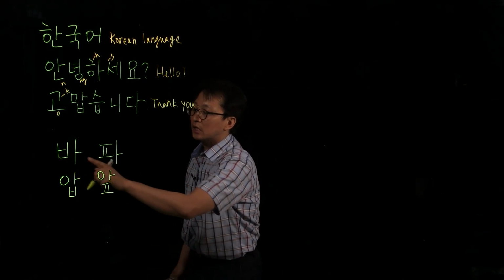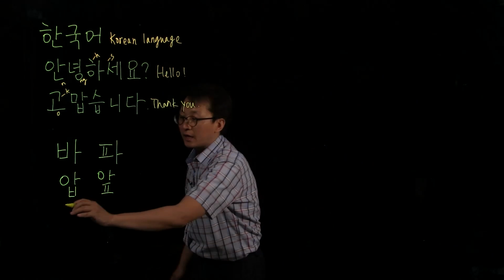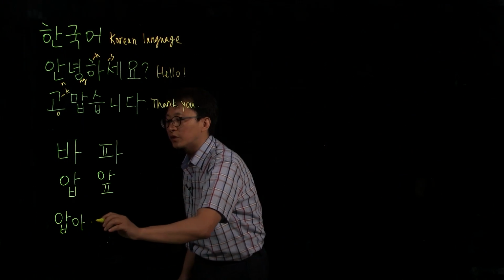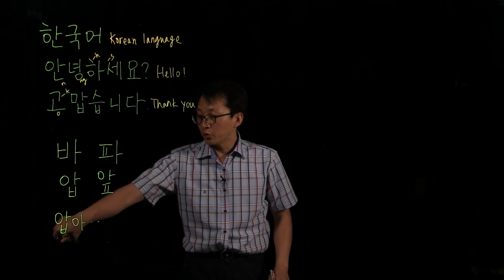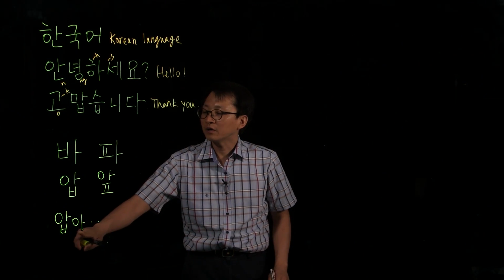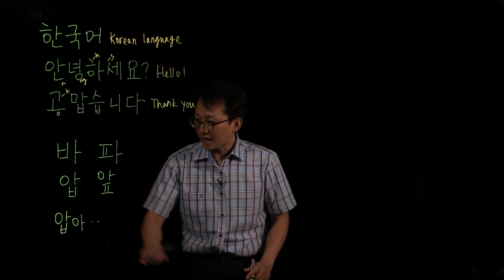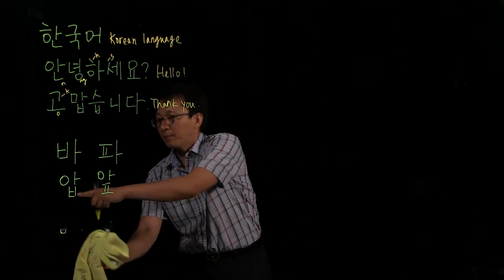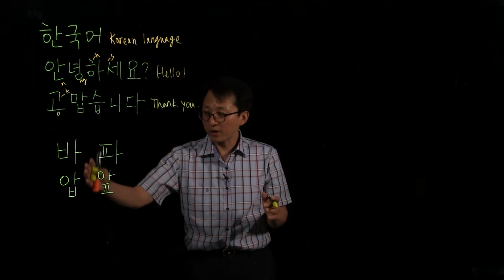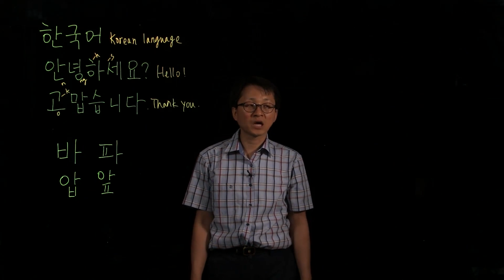When this syllable block is followed by another vowel, then you can pronounce this b sound at the following syllable, so ba, something like that. But when a word just ends like this, up, or when you just stop saying here, then it is supposed to be just up.